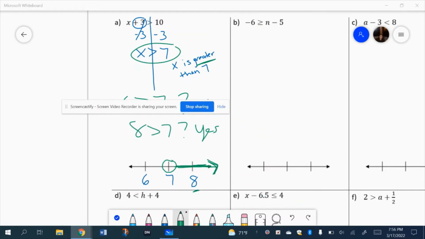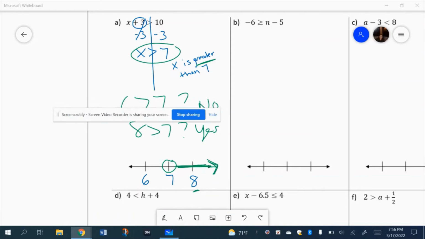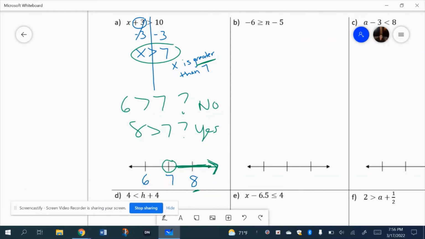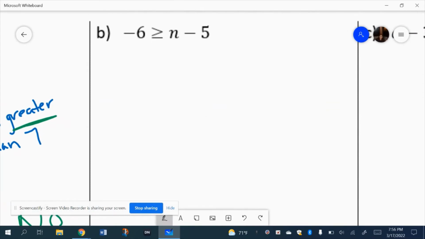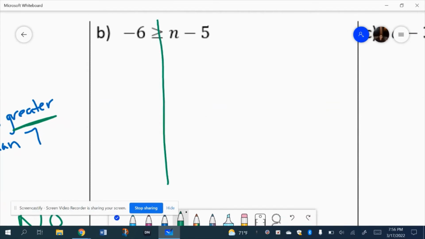Okay, so let's take a look at letter B. We're going to draw our line down through the inequality symbol. I'm actually not going to draw it that long. There we go. My variable's on the right-hand side. I have n minus 5. To get rid of minus 5, we add 5. Negative 6 plus 5 is negative 1.